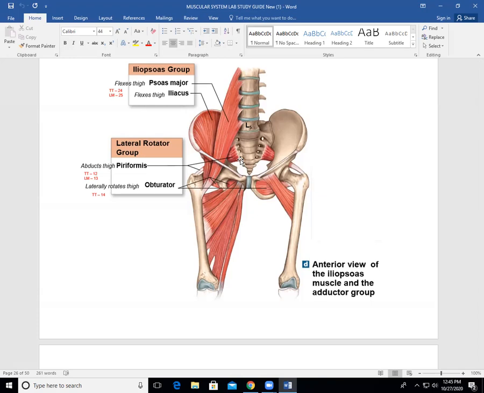You can see part of your iliopsoas, the iliacus. Some of the others are more difficult to see there, but you can see the iliacus on the inside of the ilium.